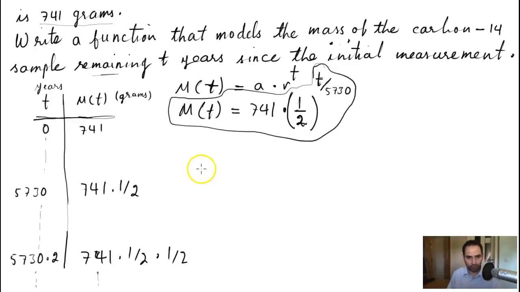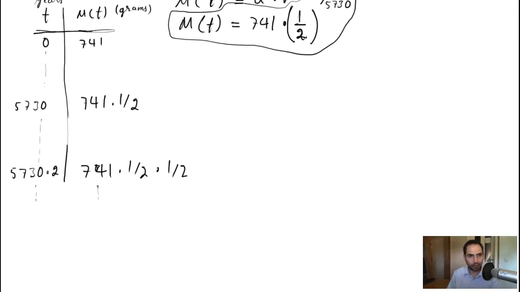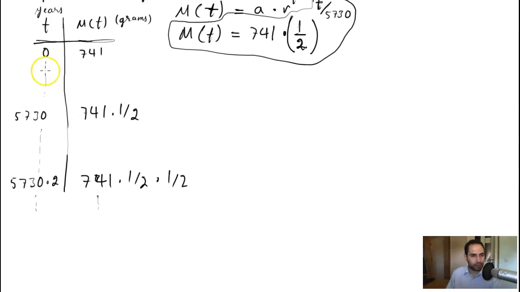Again, it's the same story. So basically what we can do here, let me see if I can derive it based on this table. You need to find some way. So here basically you have a half raised to the power.